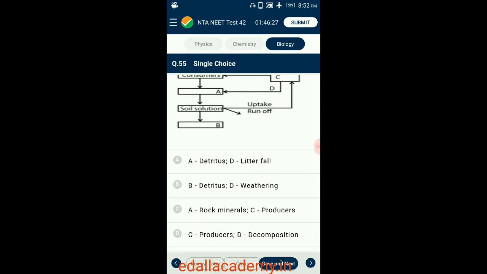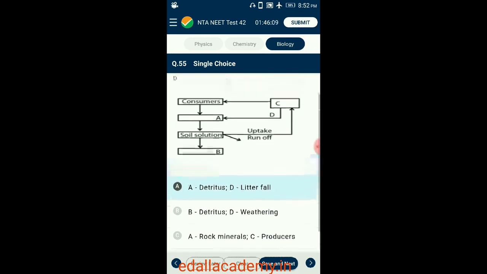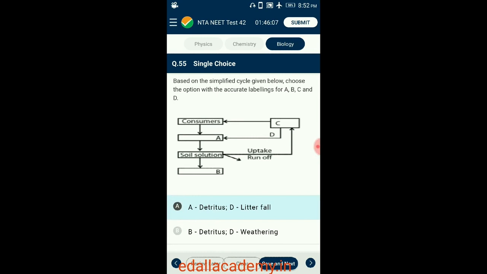Herbivores and other animals obtain these elements from plants. The waste products and the dead organisms are decomposed by phosphate solubilizing bacteria releasing phosphorus. So the answer for this question is option A. A represents detritus, D represents litter fall. So the correct option is A.